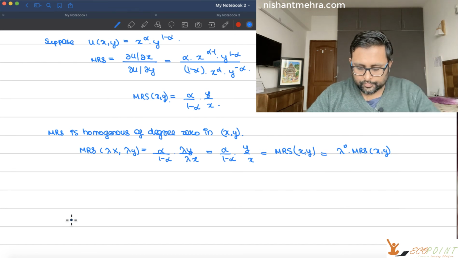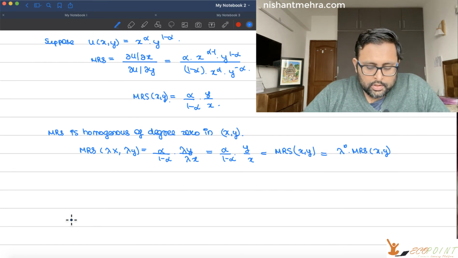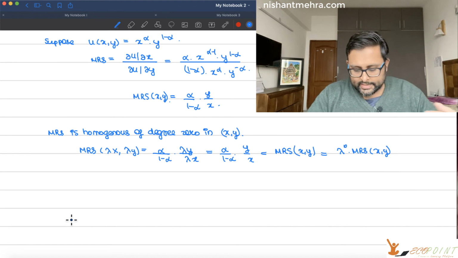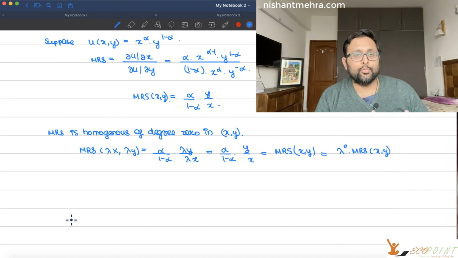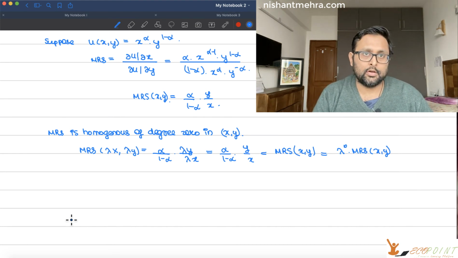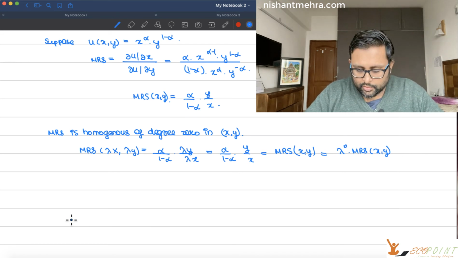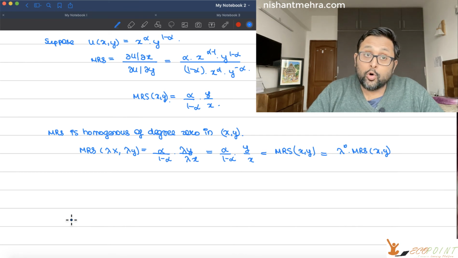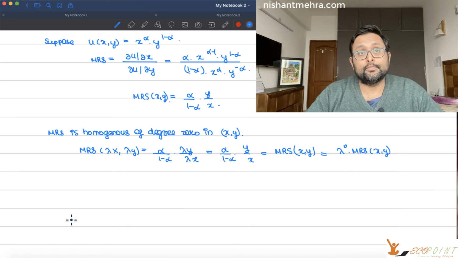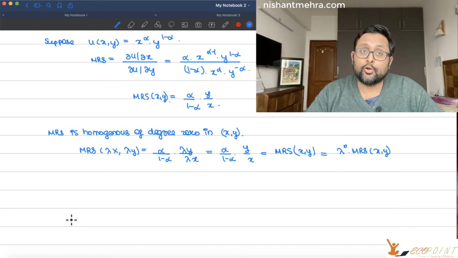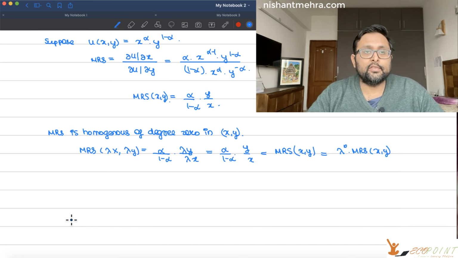So the homogeneity of degree 0 of the MRS is a general property of homothetic functions. It follows from the fact that homothetic functions are homogeneous of degree 1, so their partial derivatives are homogeneous of degree 0.